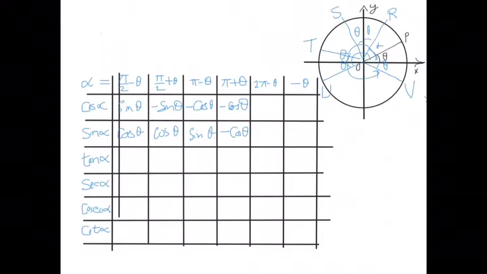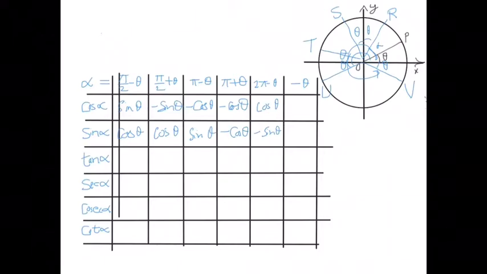Therefore, cos alpha here is equal to plus cos theta, because the projection of OV on the x-axis is positive and its magnitude is same as the projection of OP on the x-axis, which is also positive, whereas sin alpha is minus sin theta, because the projection of OV on the y-axis is on the negative side, and its magnitude is same as the projection of OP on the y-axis, which is positive.